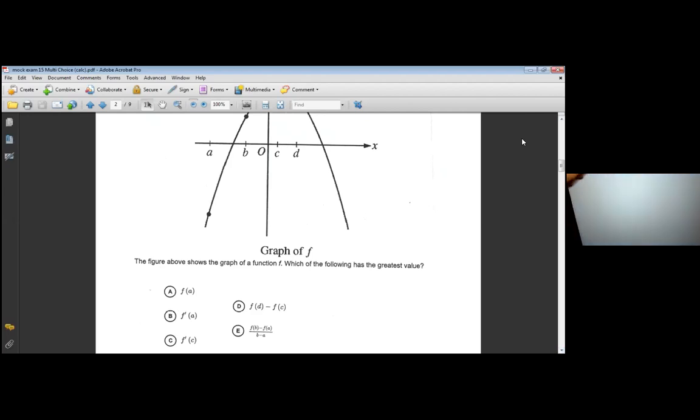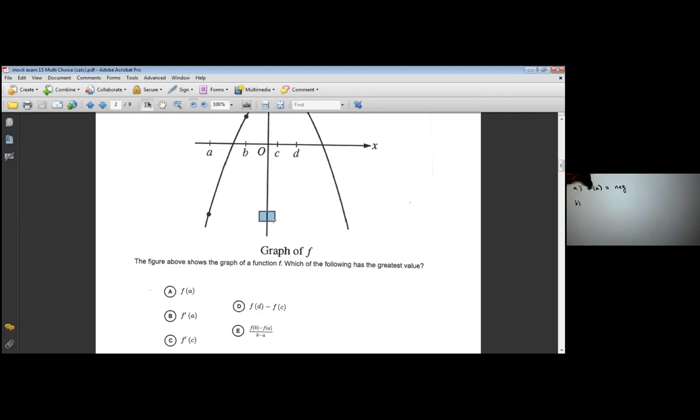So if we look at choice A, what do we know? F of A, this is the graph of F. F of A is, I don't know what that is, but it's a negative number. So for right now, I'm just going to go with negative. We'll see if that helps or not later.